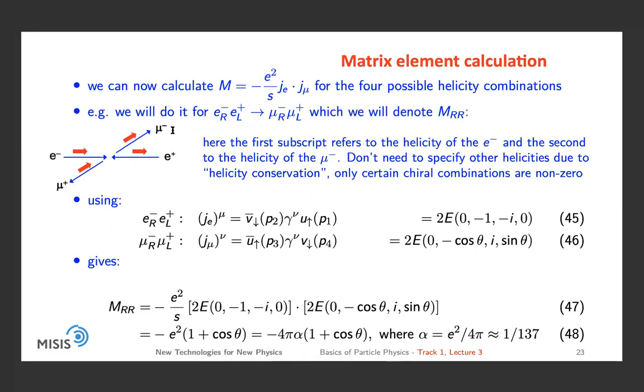We don't need to specify other helicities due to helicity conservation, since only certain combinations would be non-zero. So by using our previous result, now we just need to do a scalar product of these two vectors, and we get this expression for MRR: the amplitude is proportional to 1 plus cosine theta and proportional to alpha.